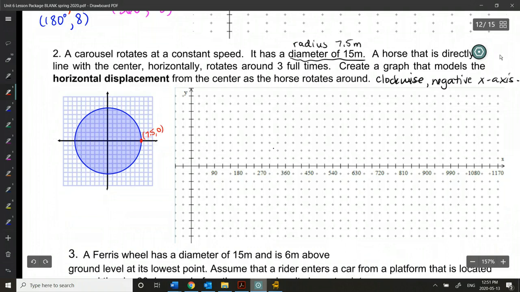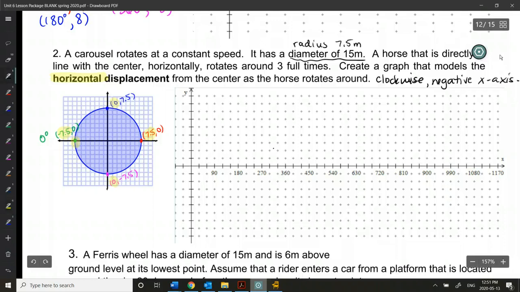We're going to have the points (7.5, 0), (0, 7.5), (-7.5, 0), and (0, -7.5). And I said that our negative x-axis was going to be our starting position. So this is going to be our 0 degree location. And because we're tracking horizontal displacement, I'm going to be interested in all the x coordinates of these points as we rotate around.